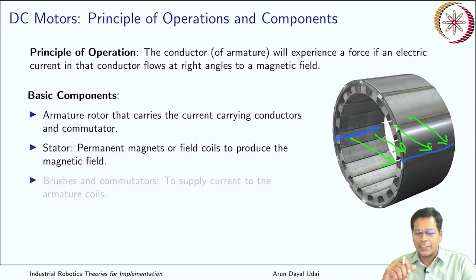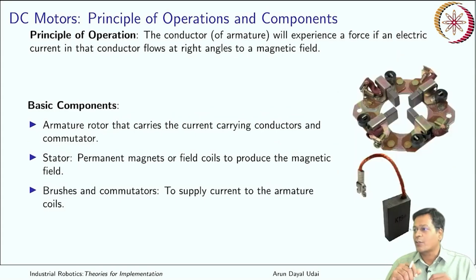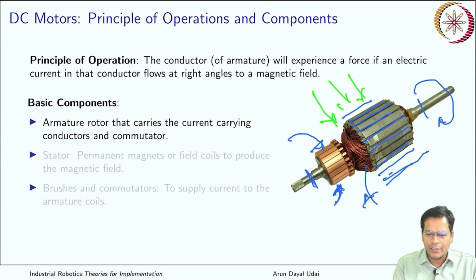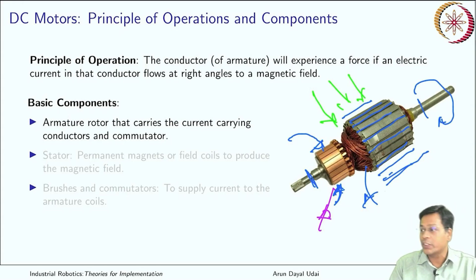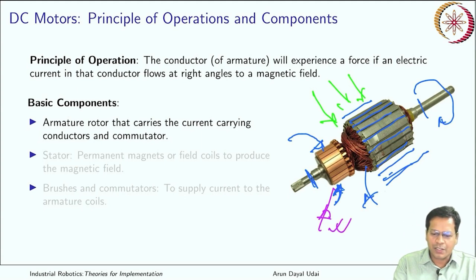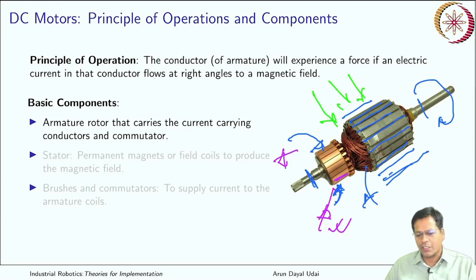So yes, it also has brushes and commutator to pass on this. As I have showed you here, these are the commutators. Now you have some sort of brushes which continuously keep in contact with these commutators, so that current can be passed on from the brushes to these copper segments, and finally it will go to the coil and come out. Right, it goes from here, it comes out from here, or it may be otherwise.